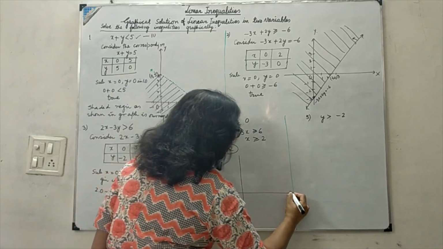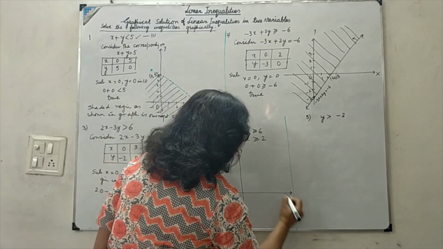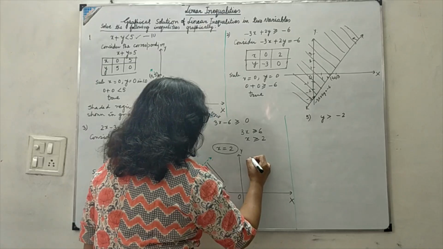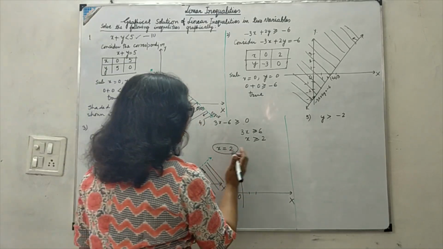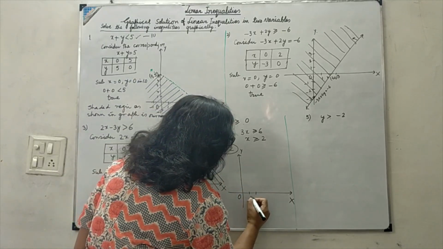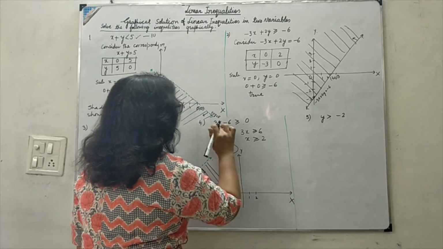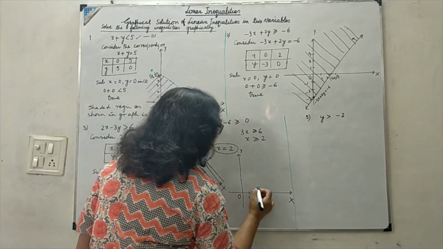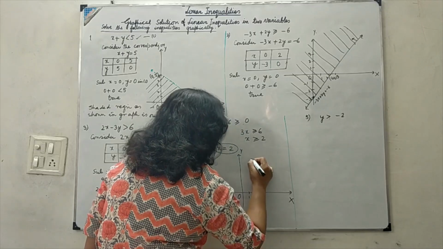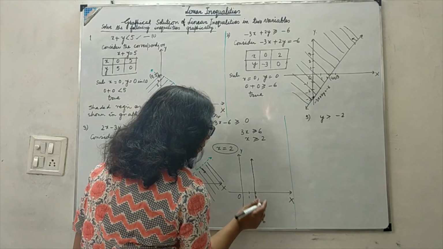If I draw a line, this is a vertical line parallel to the y-axis. x will remain fixed at 2, and the line will pass through this 2. Because it is greater than or equal to, a slack inequality, this is a dark line. We will have this line as 3x minus 6 equal to 0.